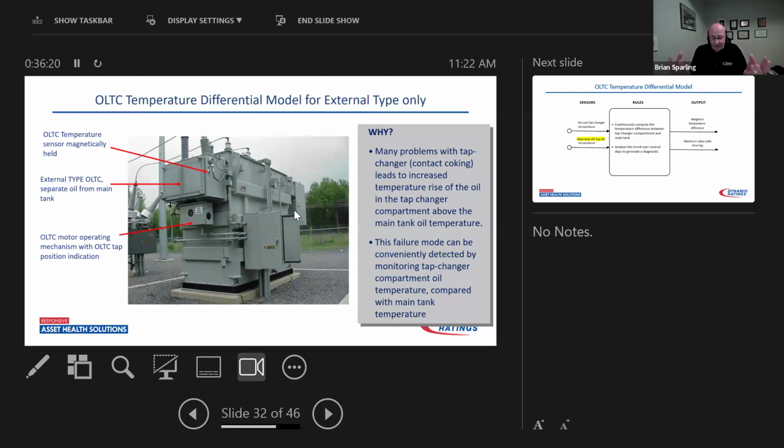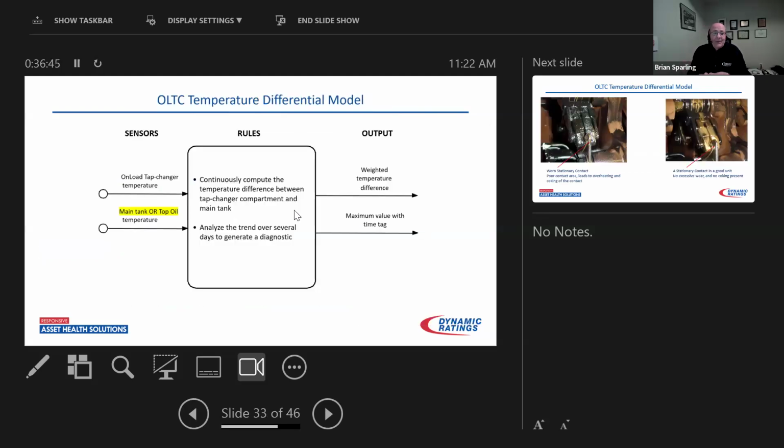The coking, the misplaced or excessive wear in the contacts, or misalignment of contacts increases the temperature on the contacts, that increases the oil temperature, increases the building up of coke on those contacts. And basically the oil temperature in that compartment begins to overheat and goes greater than the tank temperature.